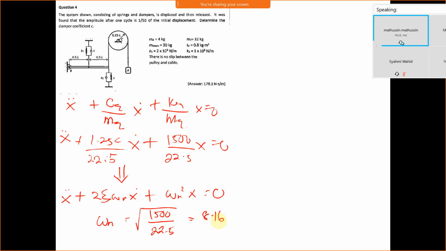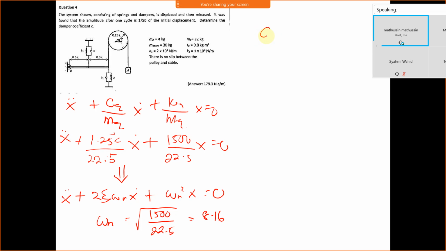Alright, once kita dapat omega n, then we need to find the zeta, isn't it? Kita nak dapatkan C sekarang kita tak tahu berapa, so kita boleh dapatkan C equivalent based on equation of 1.25C, ataupun C equivalent kat sini, dapatkan C equivalent lah.